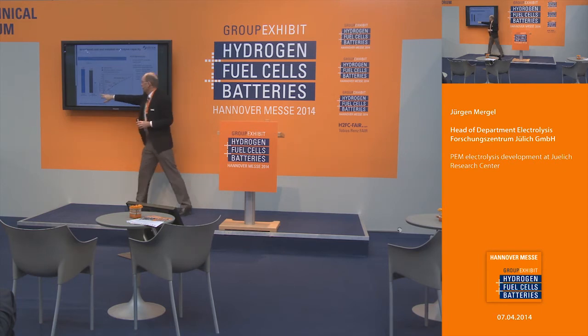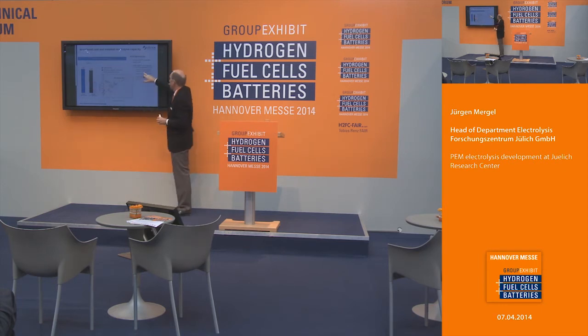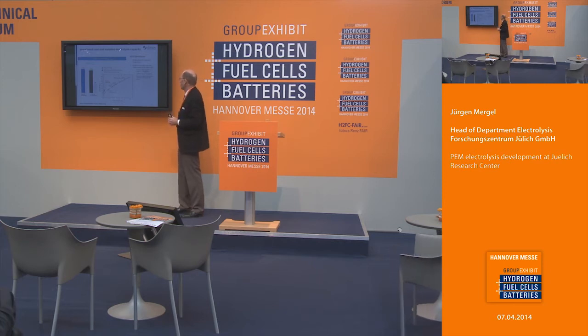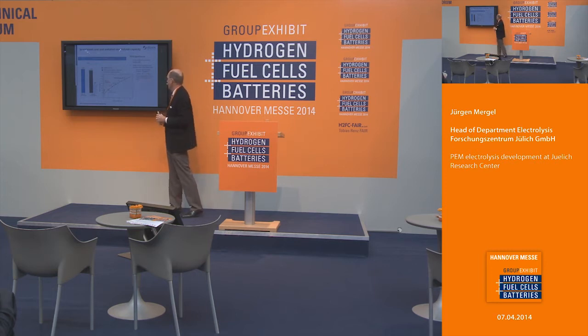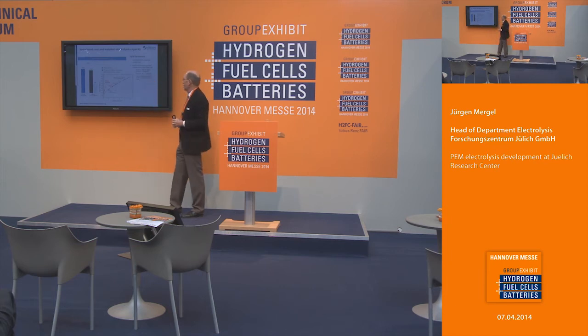And this depends, the high costs here also by the PEM, on the high catalyst loading, in the range of 2 to 6 milligrams iridium, normally at the anode side, and platinum 1 to 2 milligrams at the cathode side, and also on the titanium, which is needed inside the electrolyzer, depending on the high overvoltage at the anode side.